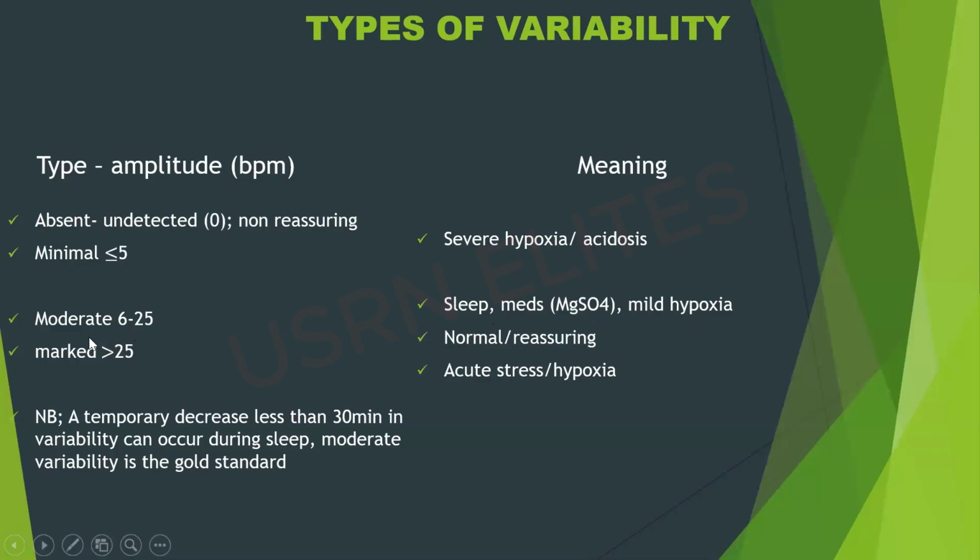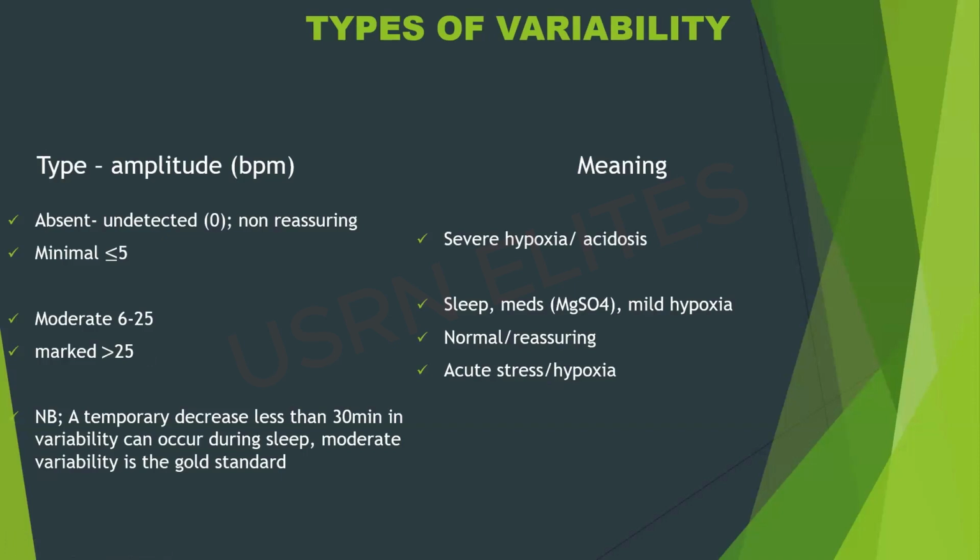And moderate, that one is good. You have to keep on monitoring and documenting. That's normal, that's reassuring. And marked, very high, means that there's acute stress or hypoxia. It's like having a very high heart rate. When you are stressed or anxious, your heart rate goes very high, isn't it?